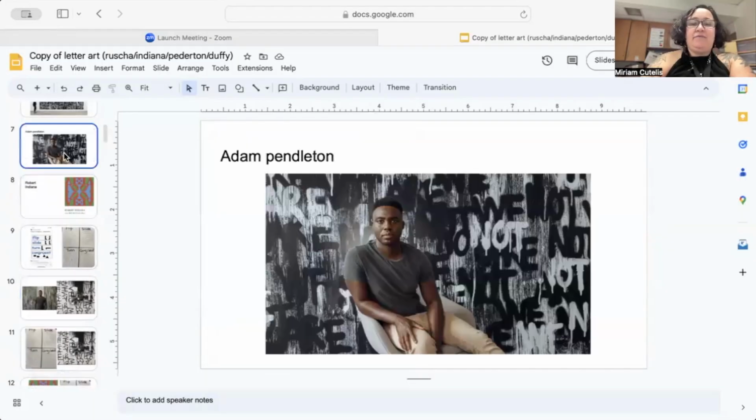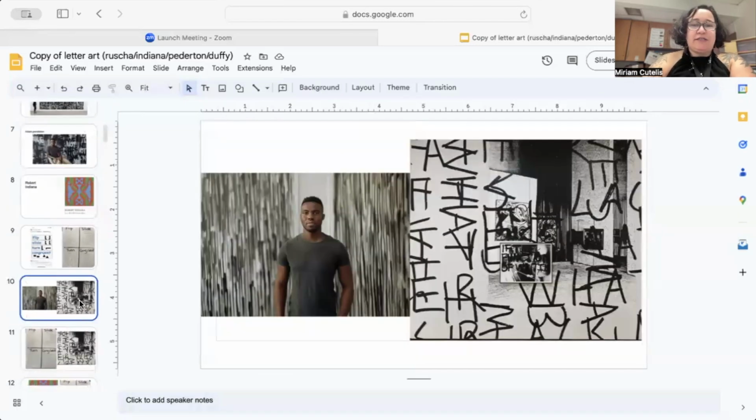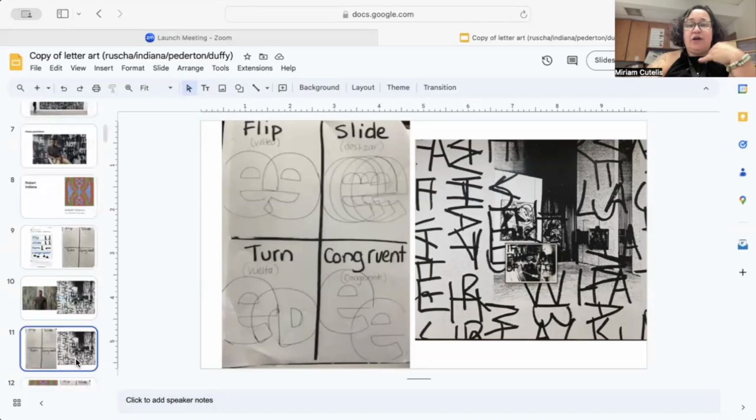This is Adam Pendleton, and we're going to look at one of his works of art. Can you guys, knowing now what you know about flip and slide and turn and congruent, can you look at his work and try to figure out which one of these concepts he used in his artwork?